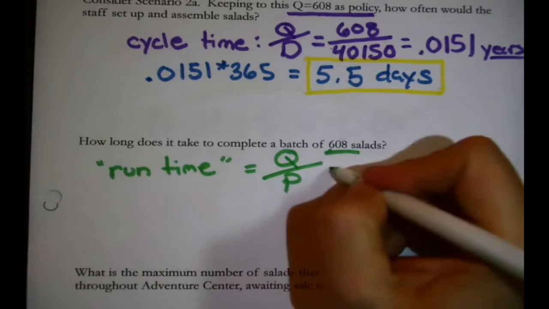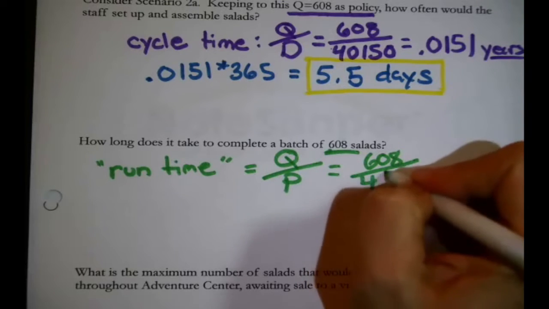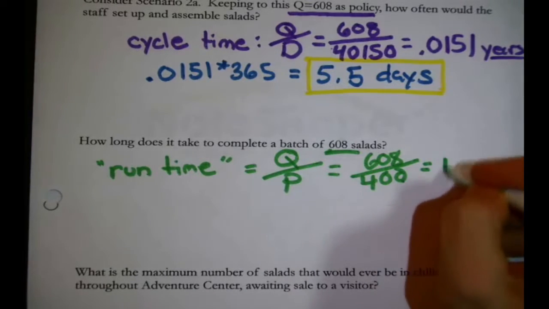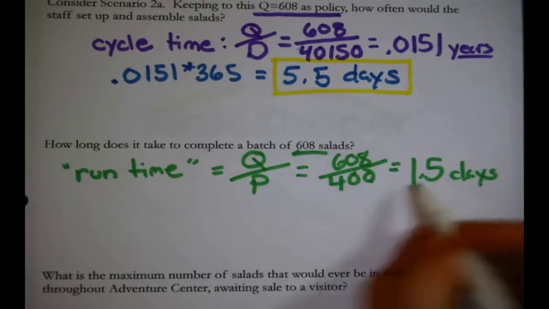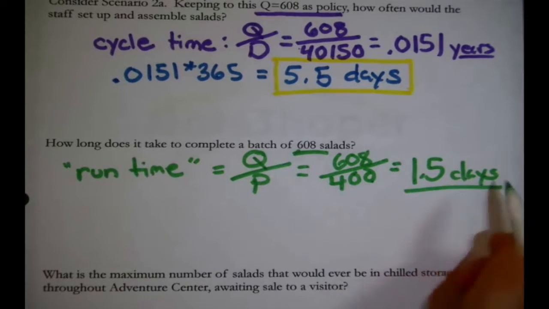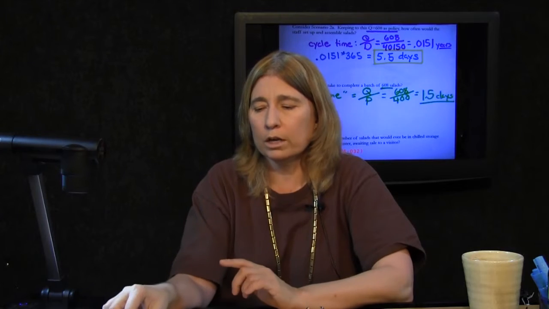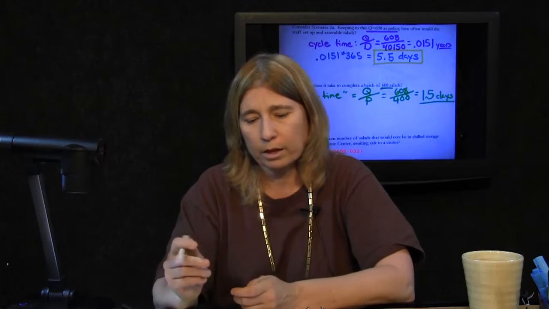That's also easy to calculate, because you just take the size of the batch and divide it by the production rate, or Q divided by P. So the size of the batch is 608, and from scenario 2A we learned that they can make these at a rate of 400 a day, so that's the P. Rounding to one decimal place, remember P is in days, so this comes back in days: 1.5 days. So when they sit down to make 608 salads, that's going to take them about a day and a half.